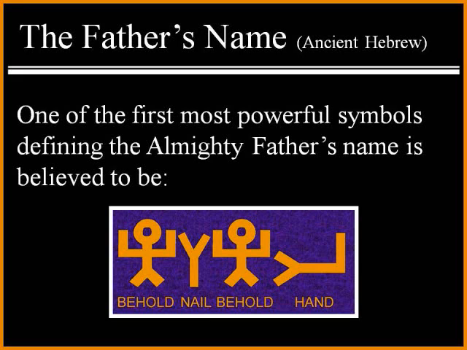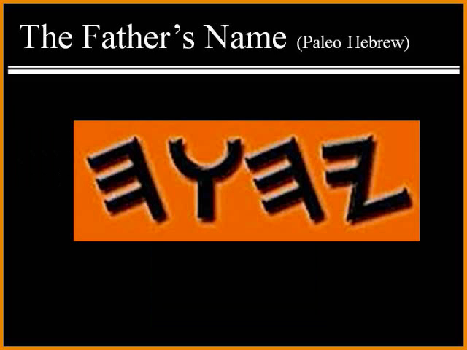Now we look and we see that as time progressed, we see his name now in Paleo Hebrew. Still 4 symbols, which probably at this point we start calling letters. And as you can see, the Paleo is quite different from the ancient.